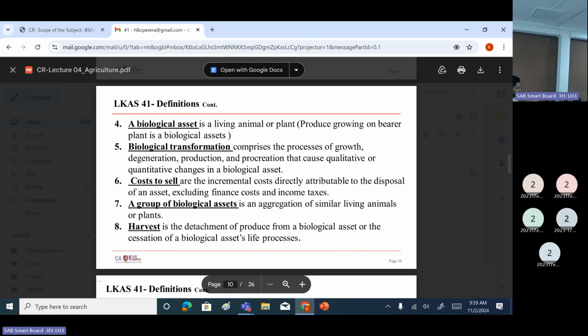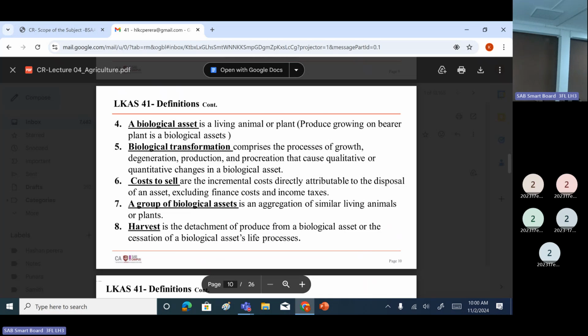So at the reporting date, the biological transformation process is going on. We can't say that we have a cutoff date here in the pure biological transformation. They don't know about the reporting date or year end. They do their biological transformation.